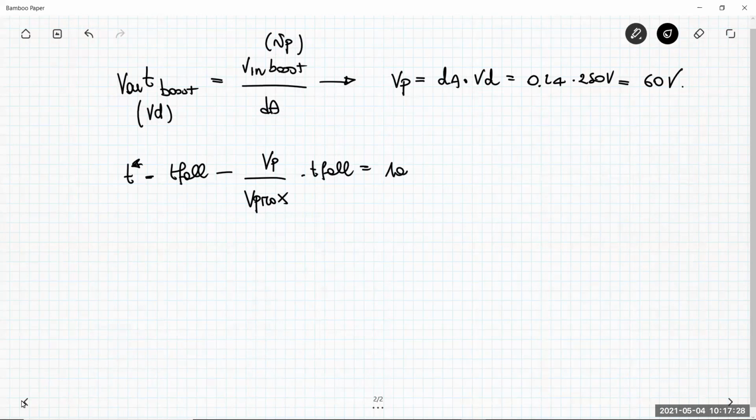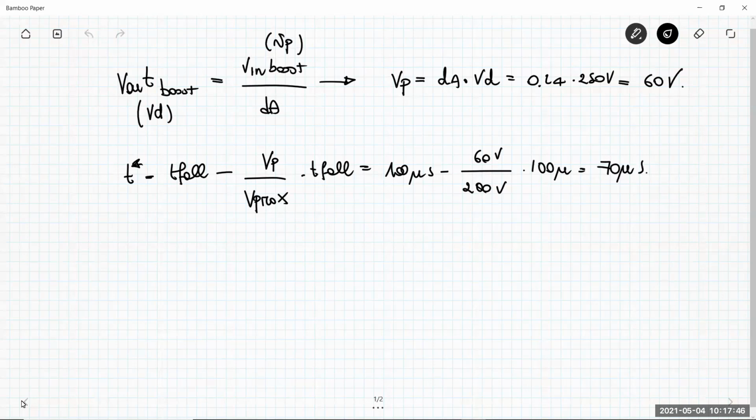So it is 100 microsecond minus 60 volt over 200 volt multiplied by 100 microsecond.